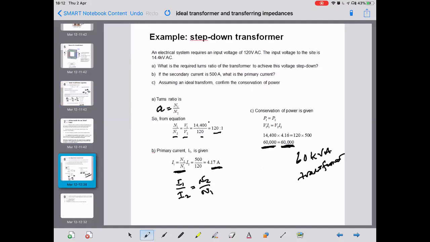For every one turn, it doesn't matter if you said there were 10 turns on the secondary, well then you'd have 10 times 120, which is 1200. You'd still get the same answer. So that is N2, which is 1, times I2, which is 500, divided by 120. Perhaps at this early stage that ought to be clearer, but that's how it works.